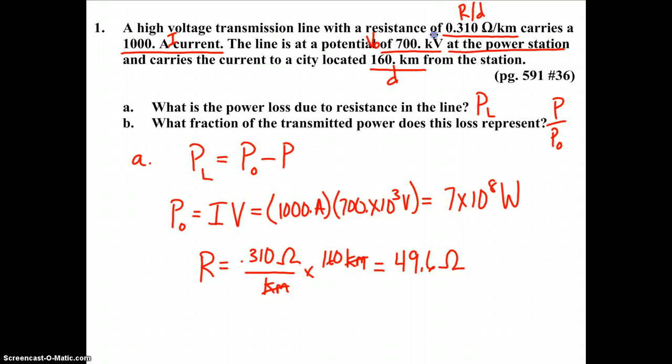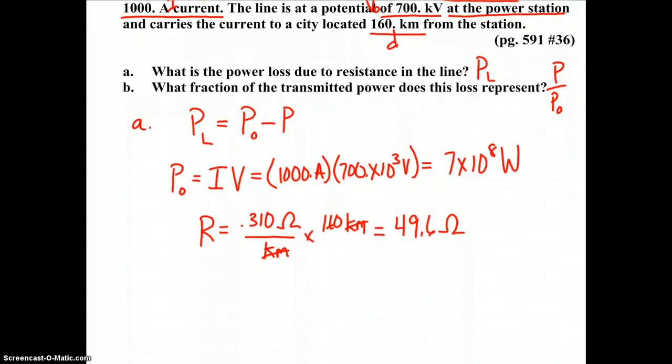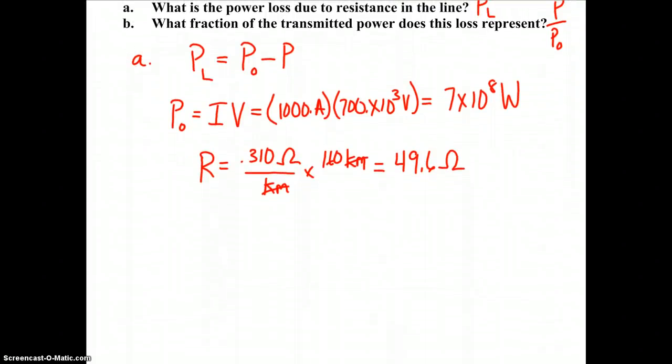We can now go ahead and calculate the final power at the city. And we could do that by simply doing an I squared times an R. Again, the current remains constant.